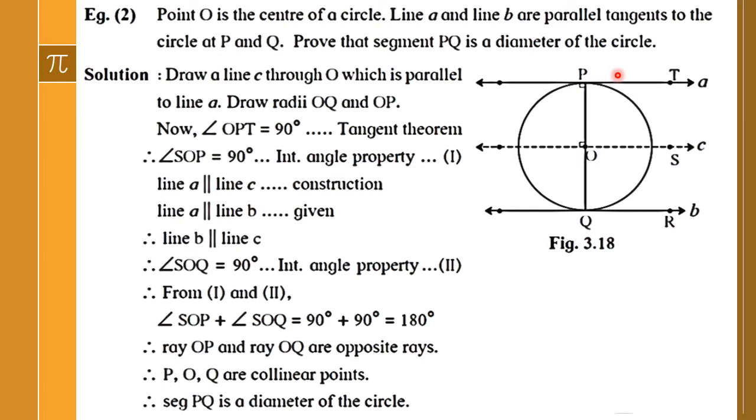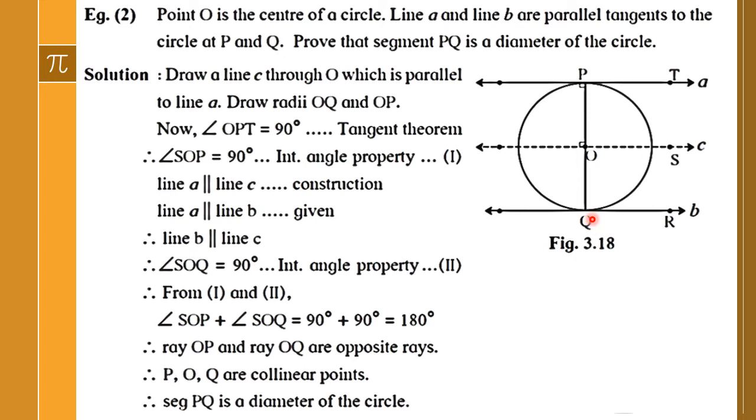Now line A is parallel to line C by construction. Then line A is parallel to line B. This is given. So line B is parallel to line C. Correct? So angle SOQ is 90 degrees again by the interior angle property. Why?